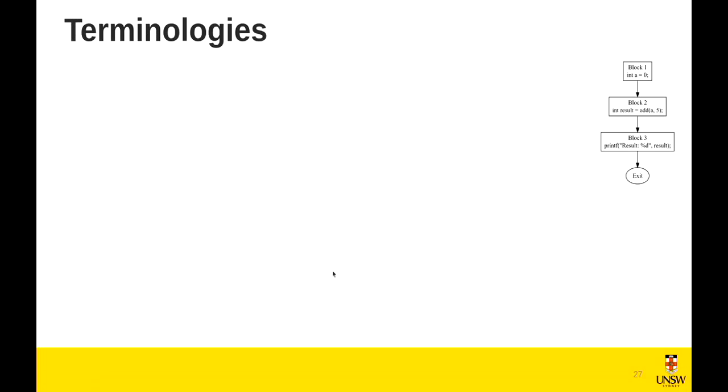For path-based integration, we need to introduce more terminology. This is an example, a very simple control flow graph we have used before. In this control flow graph, it is actually not very accurate. Why? Because in this basic block, the program calls the function add. In block 2 here, it actually calls the function add. Once the program calls a function, it gives the control away to that function, right?